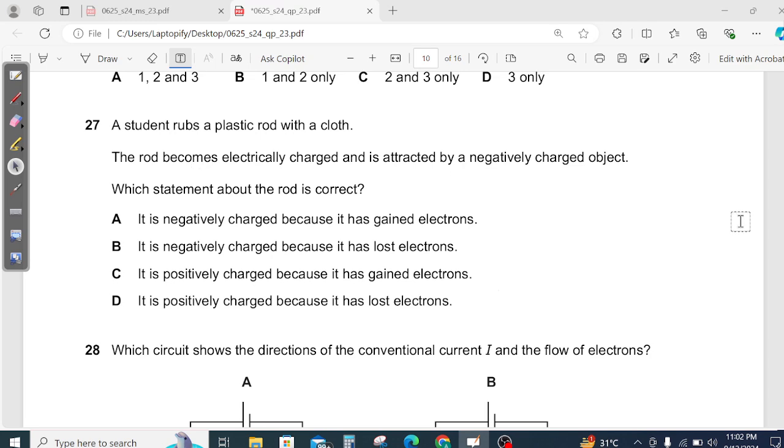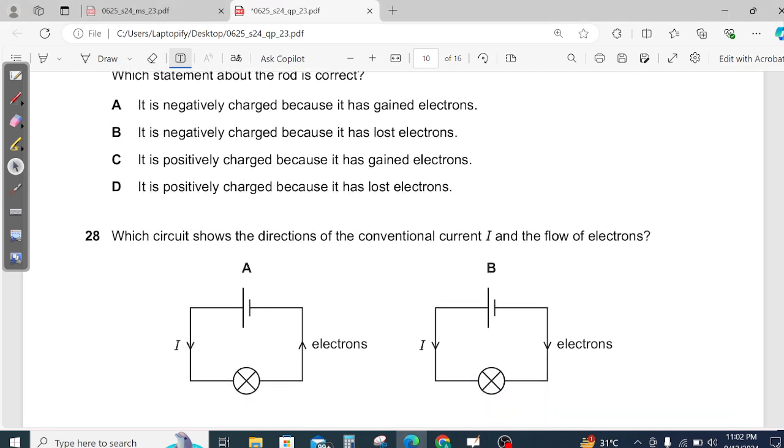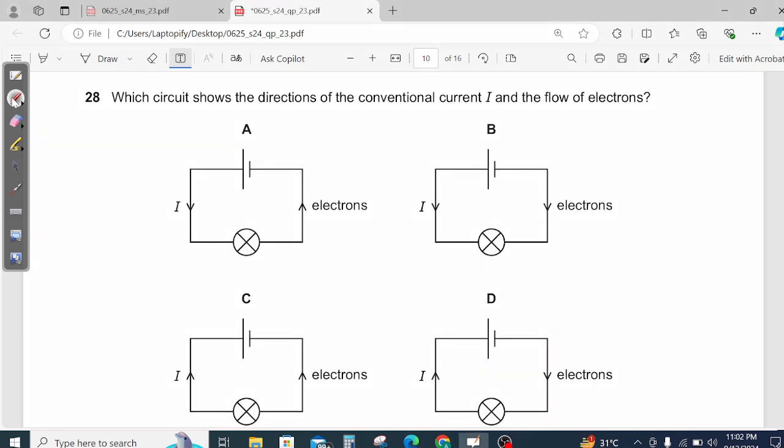Now moving towards the next question. Which circuit describes the direction of the conventional current and flow of electrons? Conventional current and non-conventional current, which we call the flow of electronic current. Remember, conventional current always flows from the positive terminal of the battery to the negative terminal of the battery, and flow of electrons is from the negative terminal of the battery to the positive.